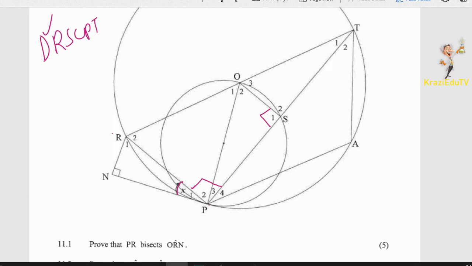This chord goes into the bigger circle, because R is not in the small circle. So this angle is equal to what? Angle X. Tan chord.